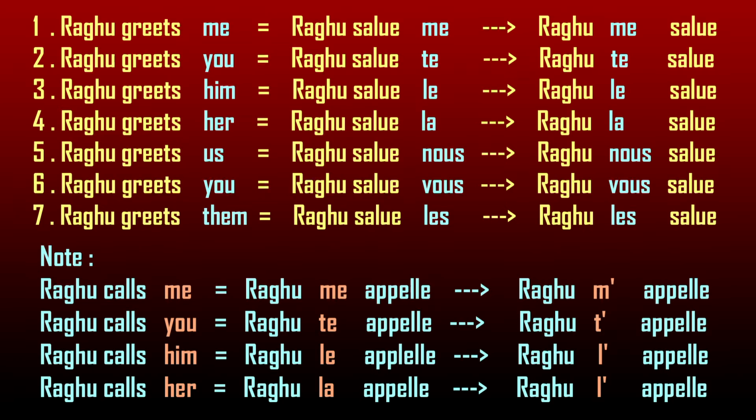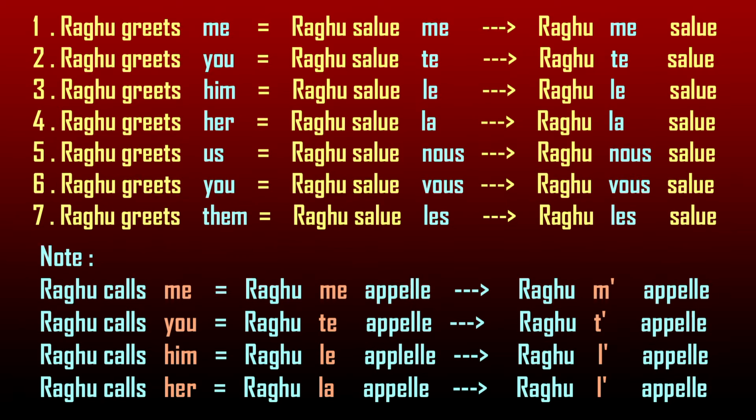Note that the direct object pronouns me, te, le, la become m apostrophe, t apostrophe, l apostrophe respectively before a verb that starts with a vowel or H mute, for the sake of euphony, the free flow of the language.